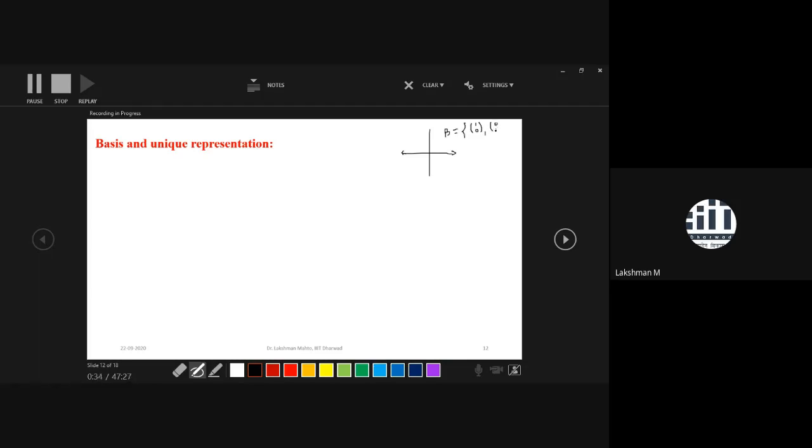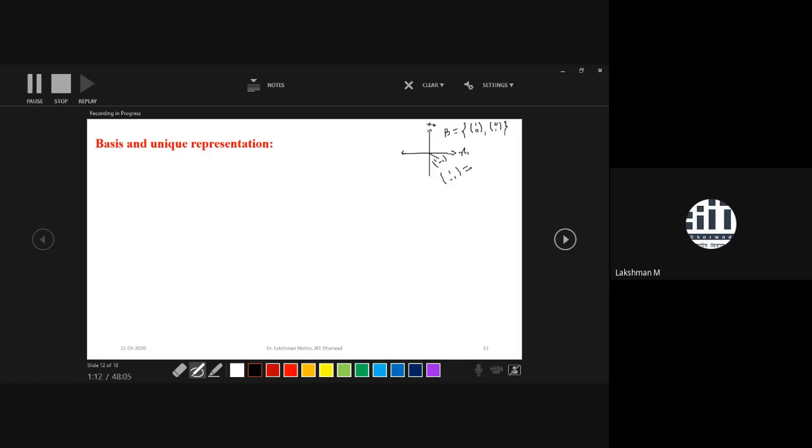This axis we are calling x1. Here every point has a unique representation. Suppose you take a point here, what would this point be? It would be 1 and minus 1. So 1 and minus 1 does not have two different representations. It has a unique representation.